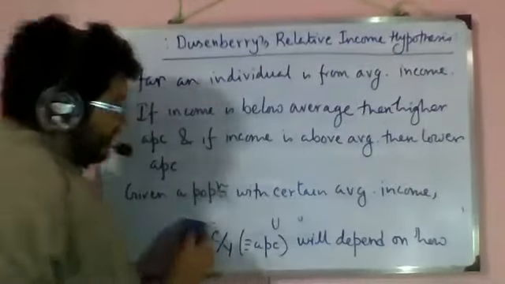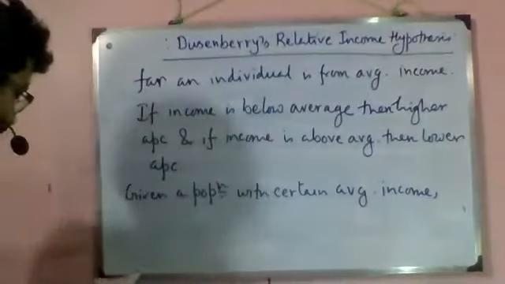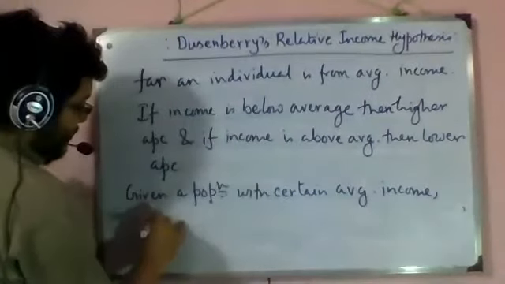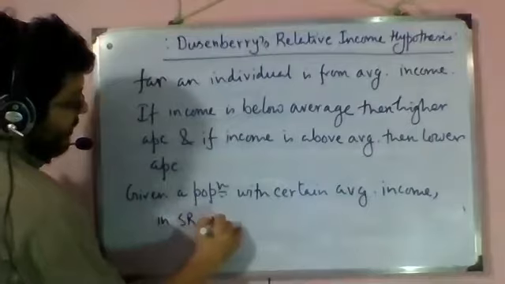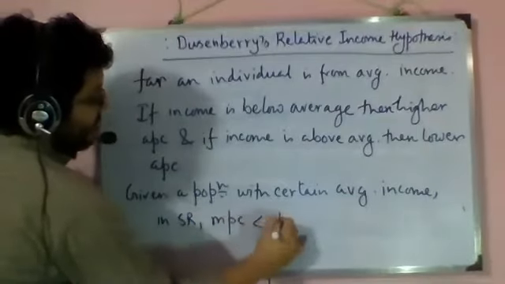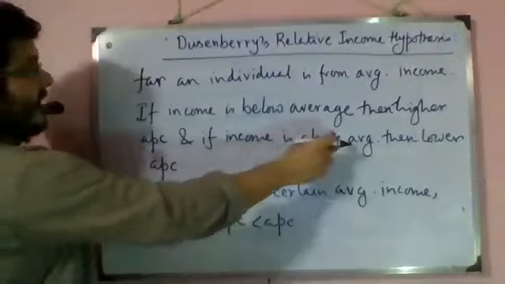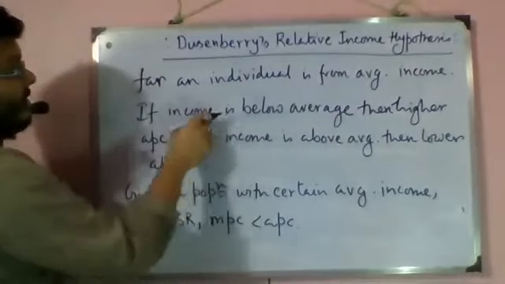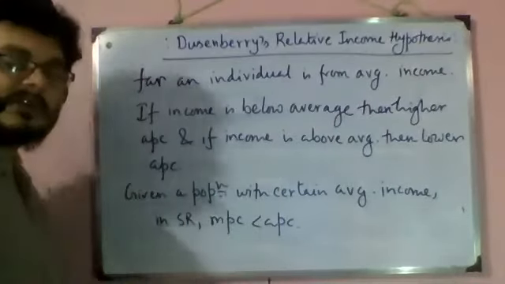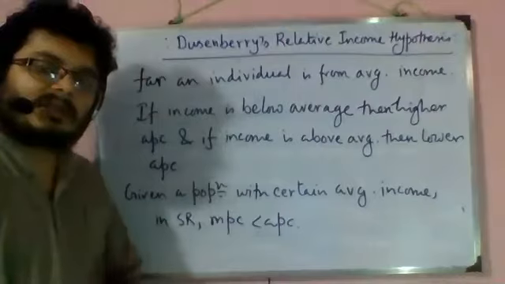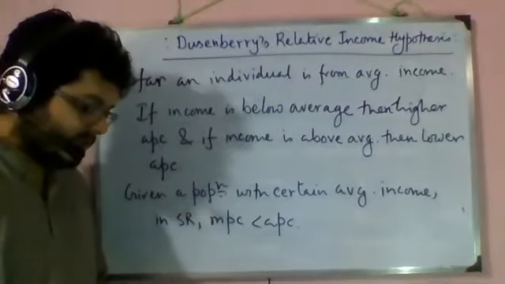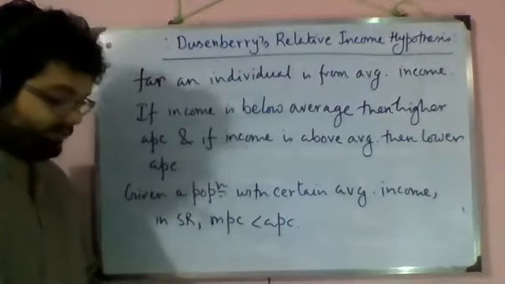We get the Keynesian structure, that is, in the short run, MPC less than APC. Correct? Because you see, if income is higher, lower APC, and if income is lower, then higher APC. So it restores the Keynesian consumption function structure, but in the short run.